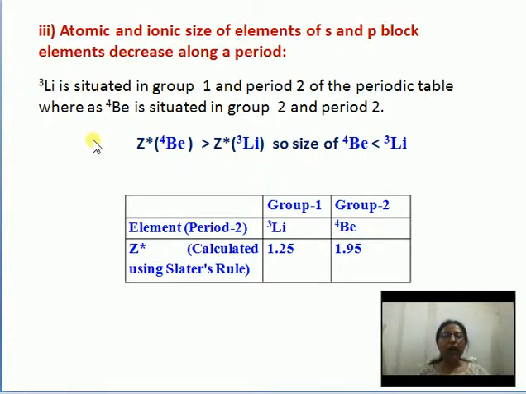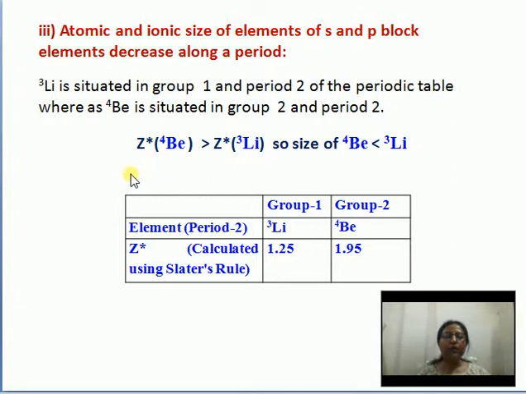Another application of Slater's rule: it tells us that atomic and ionic size of elements of s and p block elements decrease along a period. This we will be able to tell using Slater's rule. We know this is the periodic variation, but quantitatively we can tell this using the calculation of sigma value and thus the Z star value.